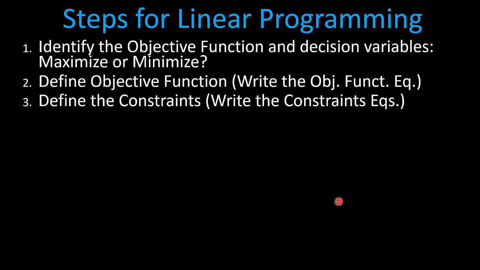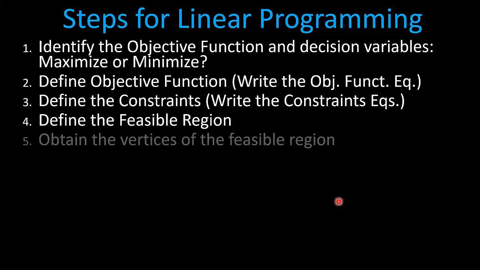Once you have written down your objective function equation, then you're going to be defining the constraints. So writing equations for how you're going to constrain those variables, okay? Next one, you're going to define a feasible region where all those conditions are true.